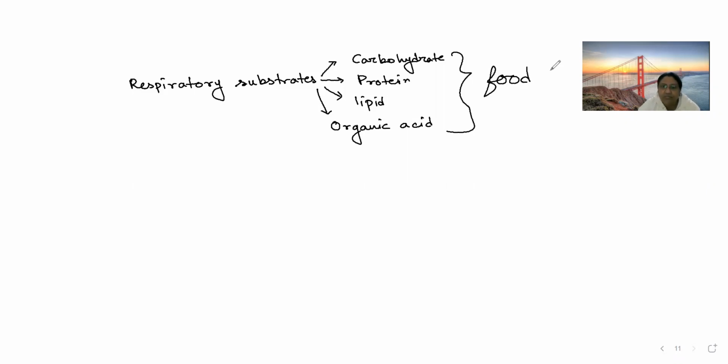Because it is the most easily usable respiratory substrate. That's why if a person is not well and doesn't have energy to obtain further energy from food, glucose is given directly so that it can be utilized directly.